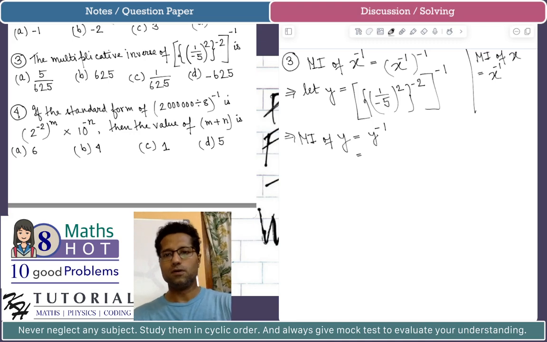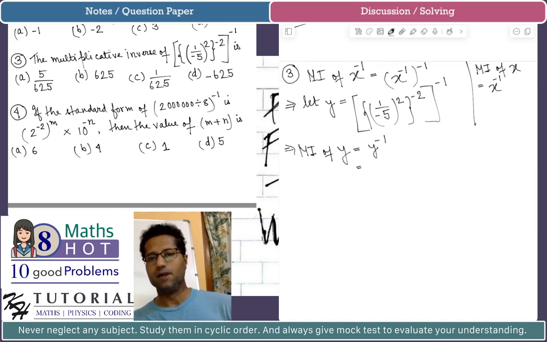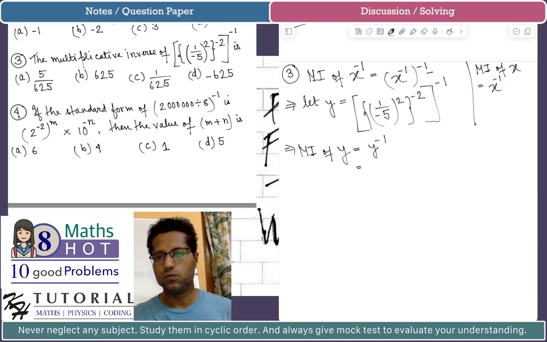Now note that if the multiplicative inverse of any exponential term which has a power of -1 is equal to the base, the multiplicative inverse of x to the power -1 is equal to x.